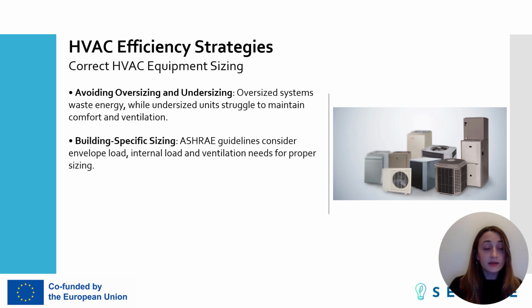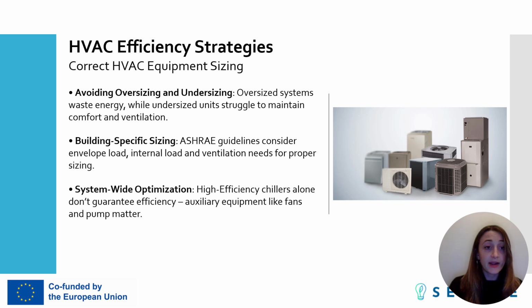On the other hand, it's important to size the system on the specifics of the building. As SRI guidelines consider envelope load, internal load, and ventilation needs for proper sizing, it's important to follow guidelines. Finally, system-wide optimization: adopting high-efficiency chillers doesn't guarantee efficiency, but it's important to have the whole system together be efficient.